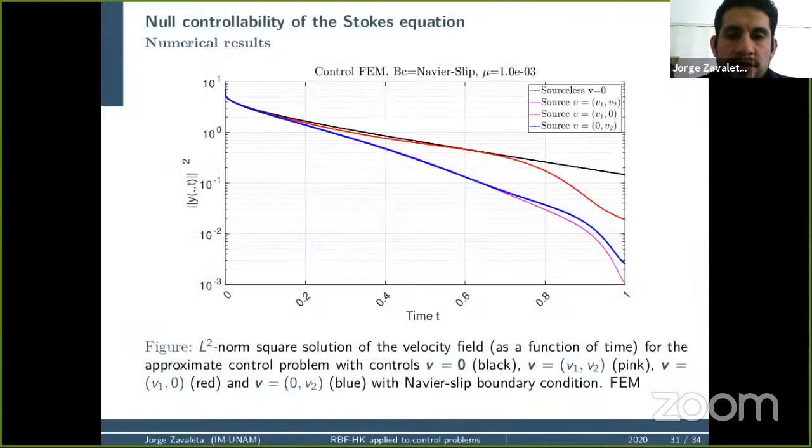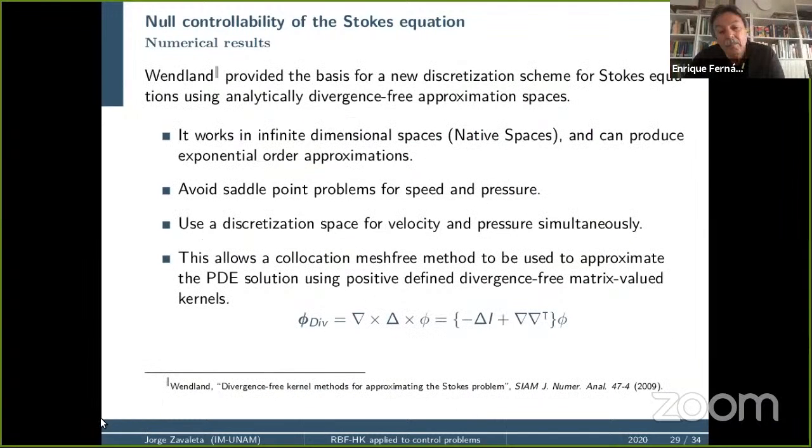Okay. In this manner, yes, we are using this to approximate the vector field. But for the pressure, we use a scalar RBF. So they are coupled. I didn't put it here, but this is the idea, to couple, to give a divergence-free matrix-valued kernel by coupling this to approximate the vector field.